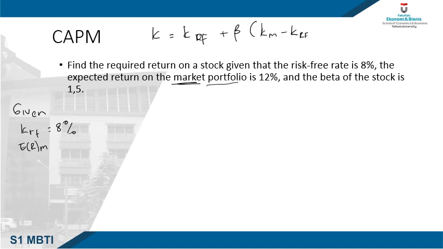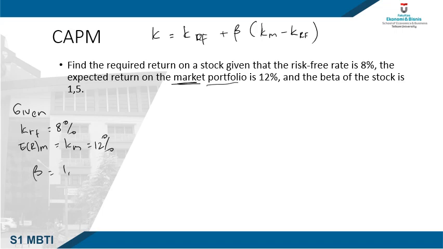So this is the expected return. It should be expected return Km, or expected return. So see the inconsistency of the symbols in management is like that, so just beware of that. Okay, then this is 12%.